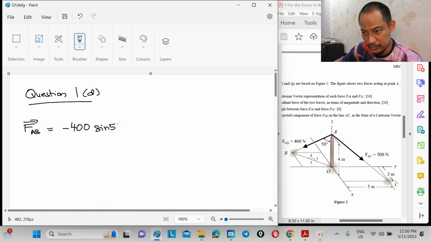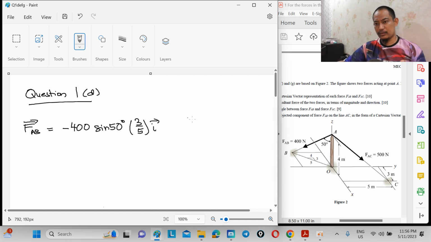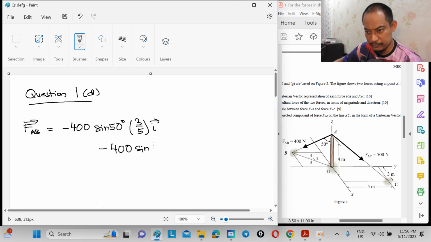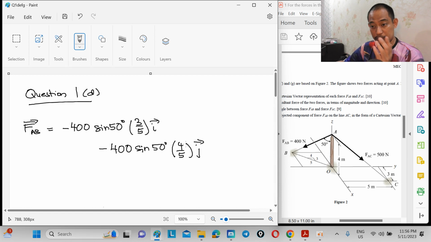sine 50 degrees, then 3/5 I. Sine 50, and then 3/5 to get x there. And then y is also negative there, so we have minus 400 sine 50 degrees, and then 4/5 J. Now if you still need to do the two triangles, please do so.